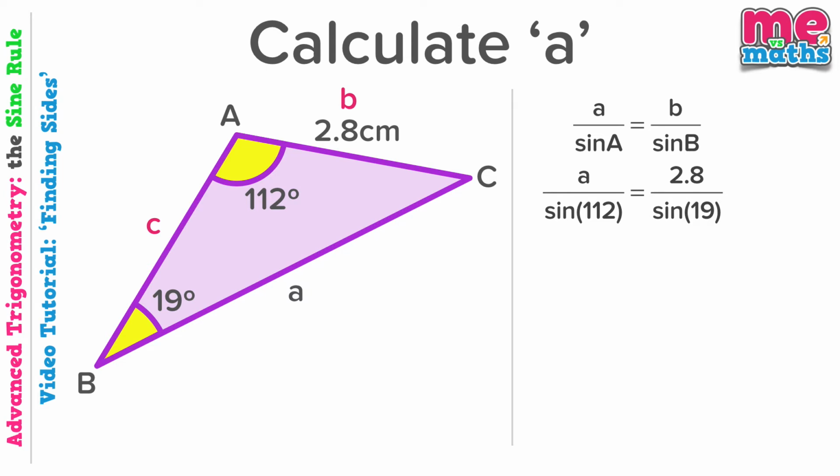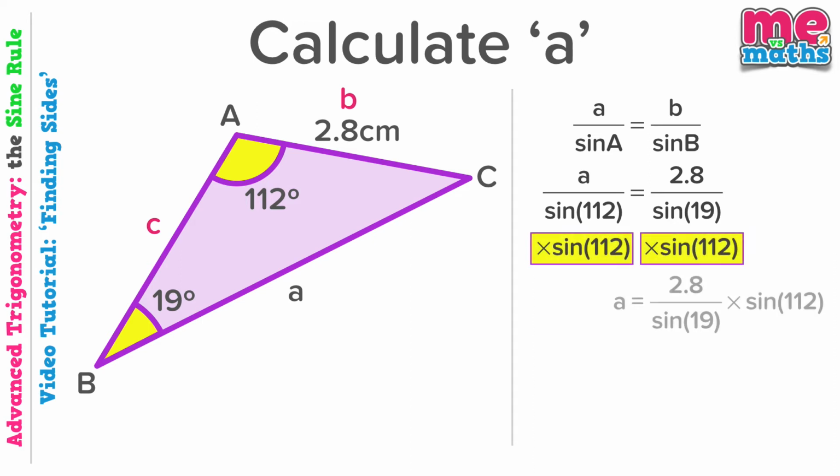Okay, we want side A, and at the moment that is being divided by sine 112. So if we want to get that side A on its own, we need to multiply both sides by sine 112, which will give us A is equal to, deep breath, 2.8 over sine 19 multiplied by sine 112.